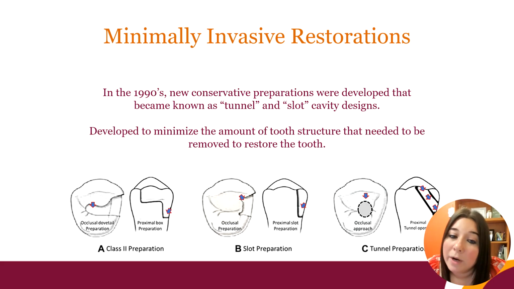It involves a lot less of the occlusal surface, but still enough that you can access the area interproximally to get your instruments down and be able to pack and condense the composite into it. And then letter C is showing a tunnel preparation where it's going at an angle to access the decay, but still it's very conservative in regards to preserving tooth structure.